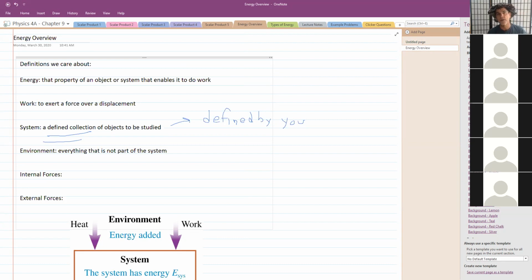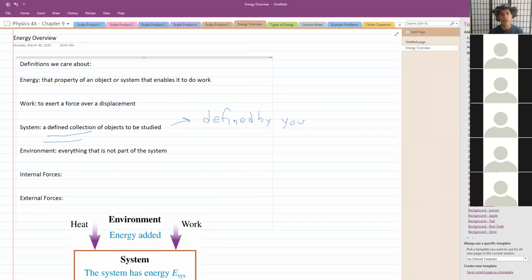So once you define your system, it could be a book, it could be a couple of particles, it could be the earth and a ball. Everything that's not part of the system is the environment. And the reason that matters is because there's going to be a difference between internal forces and external forces.